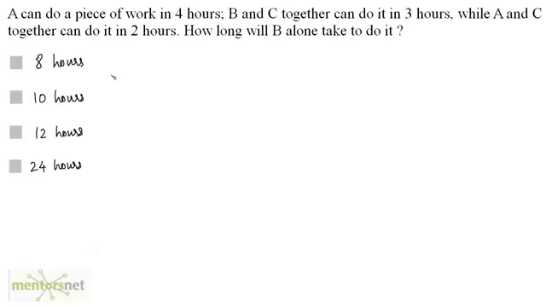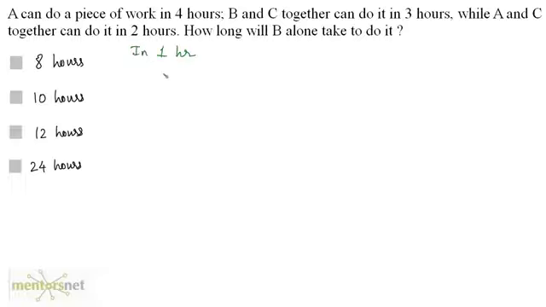A can do a piece of work in 4 hours. B and C together can do it in 3 hours, while A and C together can do it in 2 hours. How long will B alone take to do it? Well, let us calculate all the work done in 1 hour by each one of these. So A can do the piece of work in 4 hours.